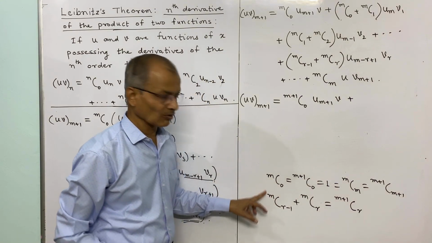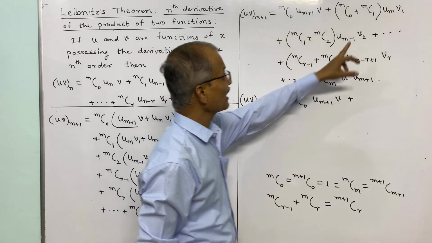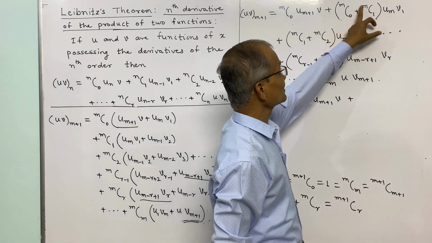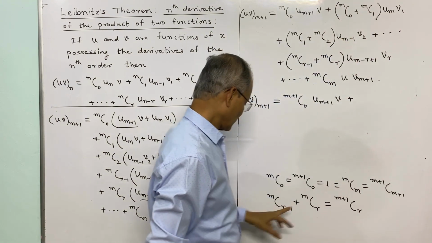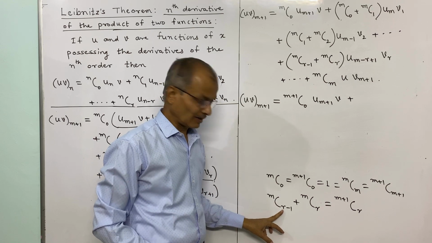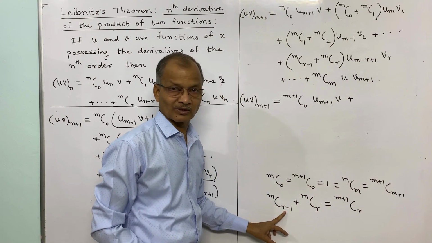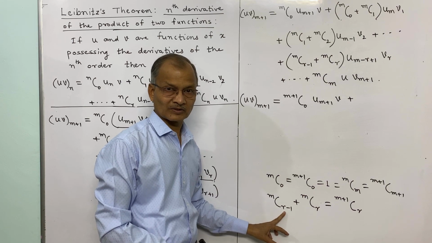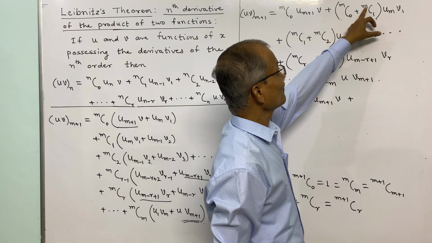These two results we are going to use in this simplification. So what will be this value? m choose 0 plus m choose 1 will be m plus 1 choose 1. It is of this form: m choose r minus 1 plus m choose r. Here it is r, here it is r minus 1, one less than this one. Here it is 1, here it is 0, and the upper number is the same.